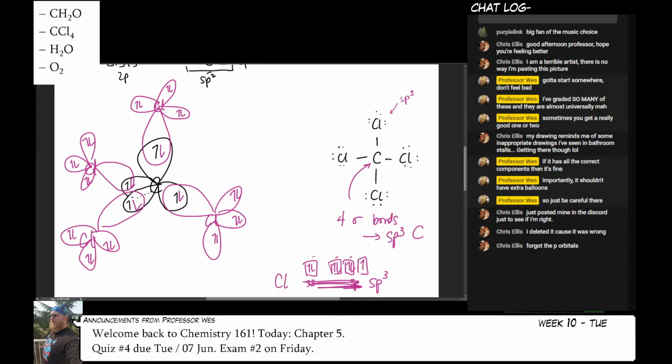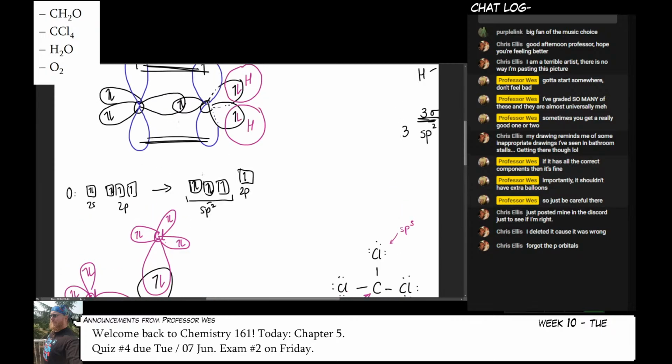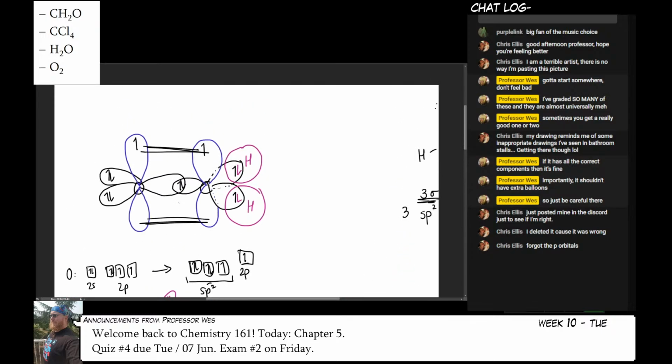I should be labeling these with sigma and pi, so hold on. Let's go back up here and do that real quick. So we've got sigma, sigma, sigma. This right here is pi. And then these right here are non-bonding. And we could label the orbitals that are being used too. So we have an oxygen 2p and a carbon 2p.